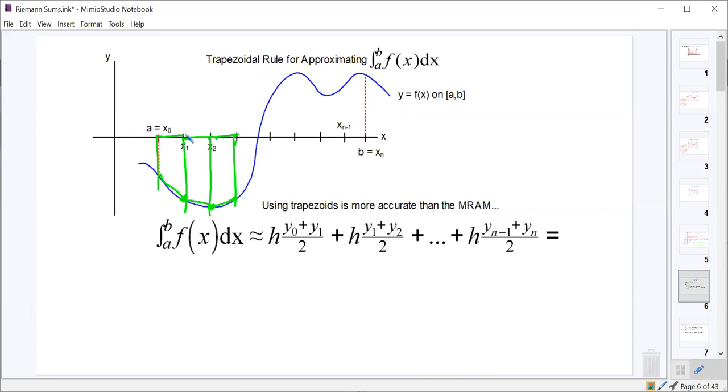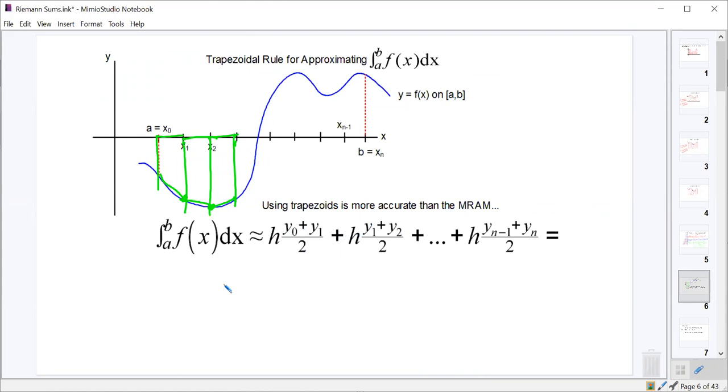One is if you have unequal subintervals, just find the area of each trapezoid and sum them together. The other option is if you have equal subintervals, you can go through and do the common height, h times y naught plus y1 over 2, and h times y1 plus y2 over 2, and so on.